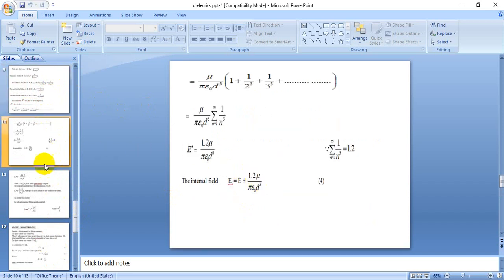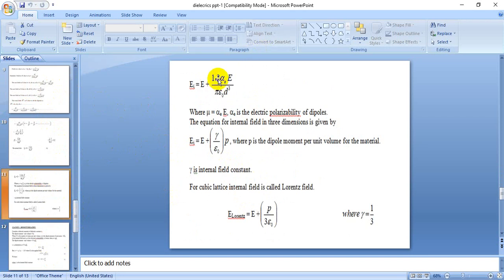We know the dipole moment per unit field, so instead of mu, I am going to write alpha E into E, because mu is equal to alpha E into E. Here alpha E is nothing but the electronic polarizability, and the same equation can be written keeping the constant terms together: E plus 1.2 alpha E E divided by pi epsilon naught d cube. Everything else I remove and substitute gamma.